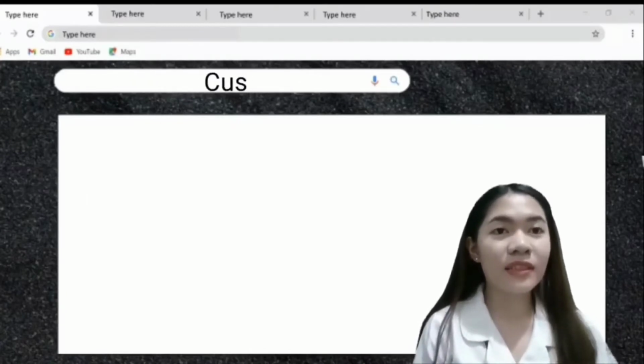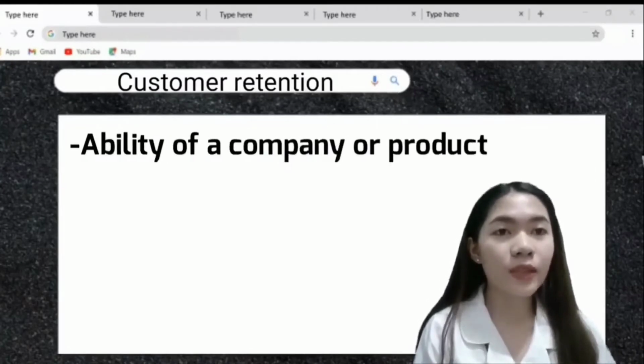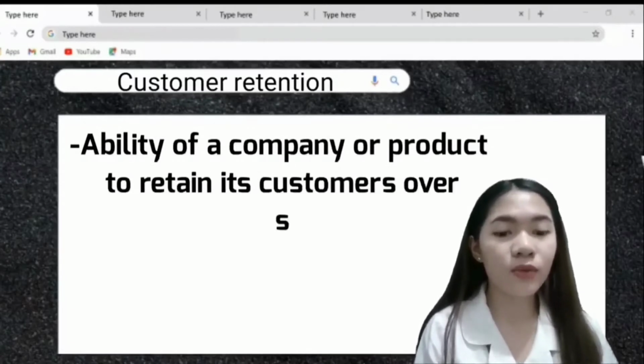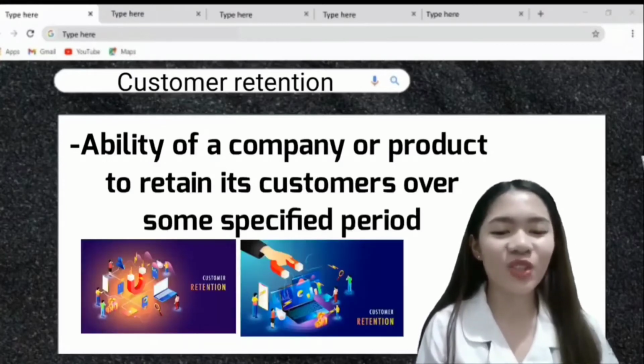Customer loyalty is somehow related to customer retention, wherein customer retention refers to the ability of a company or product to retain its customers over some specified period. High customer retention means customers of the product or business tend to return.